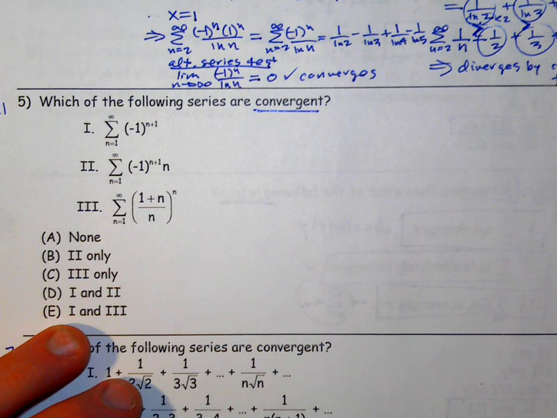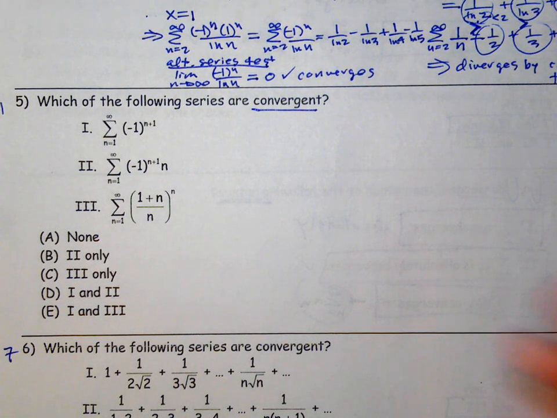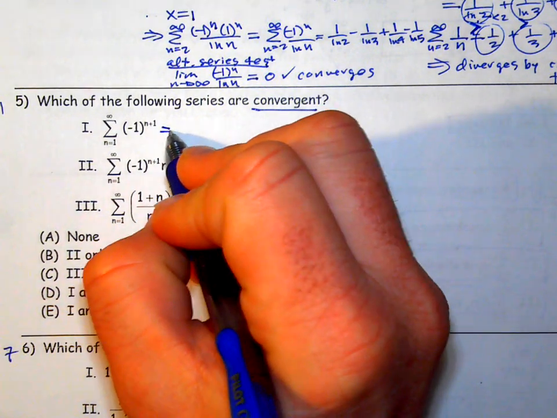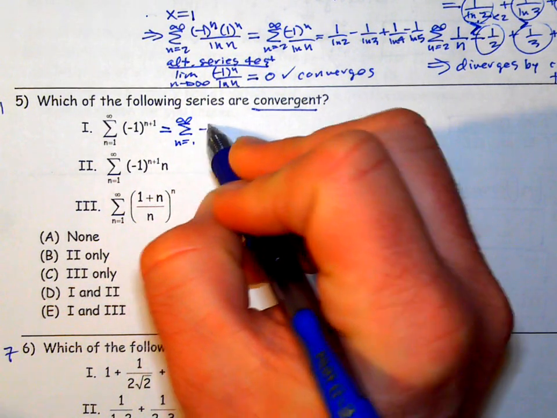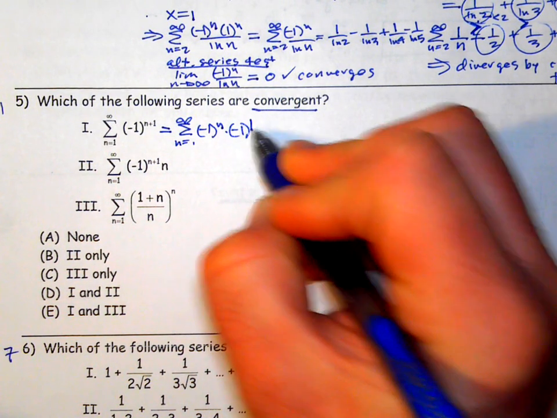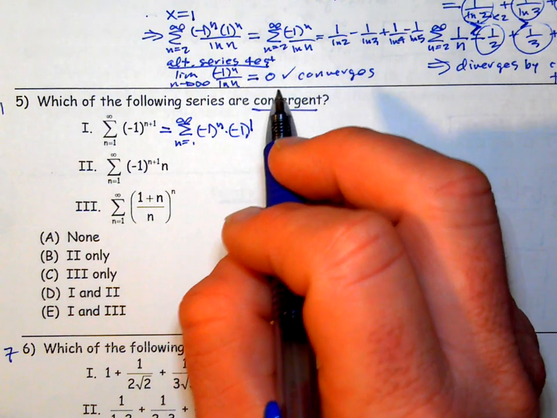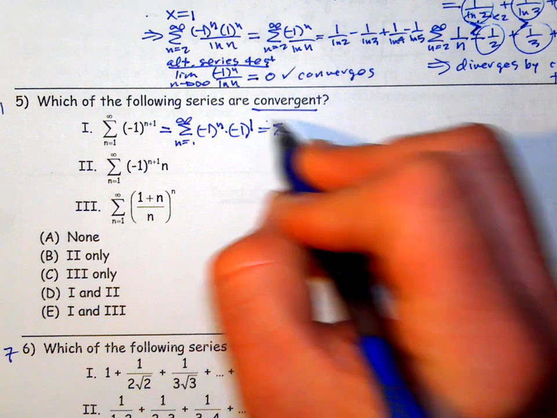Okay. Which of the following series are convergent? Classic 3 questions in one. This one you might consider rewriting, or not. It's up to you, it depends on how you want to deal with this.